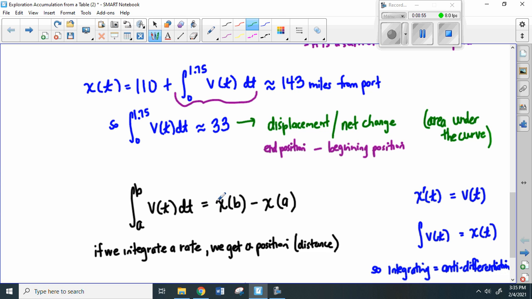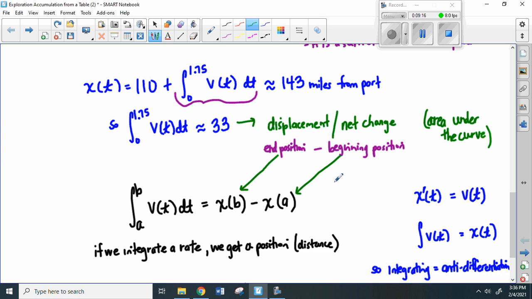But it's a definite integral, so you are required to get displacement, which is going to be your end position: the position with the end of the interval plugged in minus the position with the beginning of the interval plugged in. So x of b represents the end position, x of a represents the beginning position.